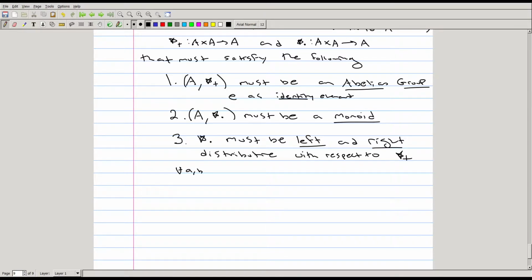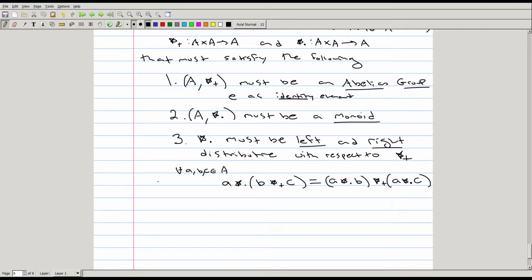For any a, b, c in the set A, we have to have that a star dot (b star plus c) is going to be equal to (a star dot b) star plus (a star dot c).